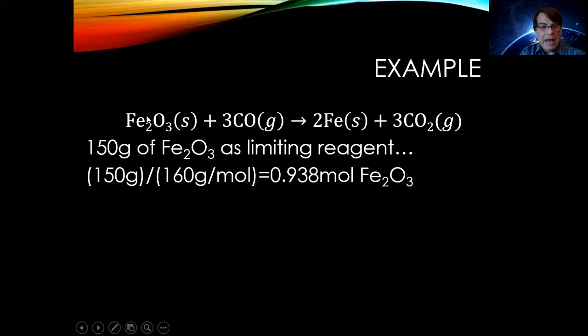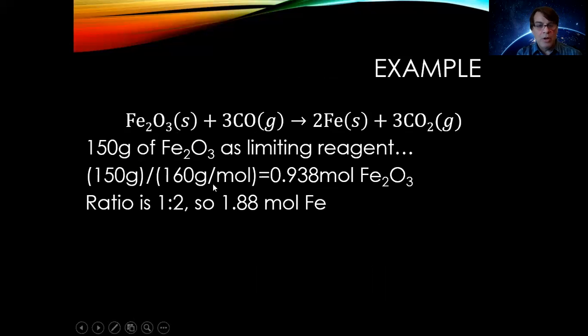Okay, so I add up all this stuff here, and the molecular weight of iron oxide is 160 grams per mole. Grams divided by grams per mole is going to give me moles. So basically I have, in this reaction, 0.938 moles of iron oxide. Okay, so the ratio between, what are we doing?